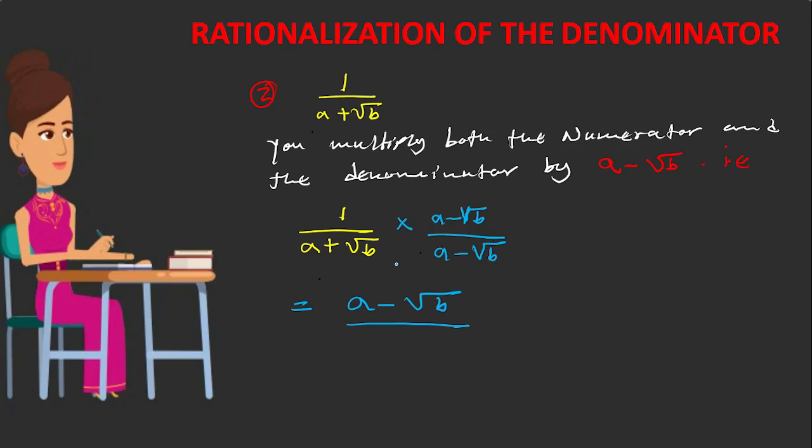So when you work that out, it's just going to be a minus c square root b over a squared minus c squared times square root b to the power 2. The square root and the square will cancel, so it will simply be b. So if you look at the denominator, there is no square root, so you have rationalized. So these are the two rules that you are supposed to follow.